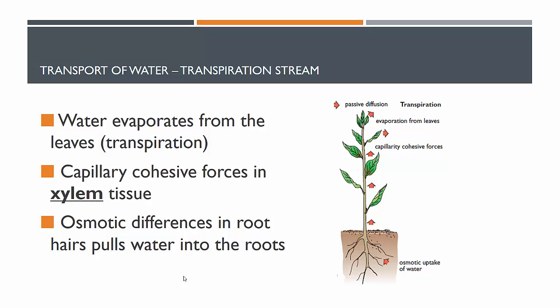So the first one is we are looking at water. It's the transport of water. We're looking at a process called the transpiration stream, or transpirational stream, depending on where you might see it. And basically it has three areas that we need to look at.